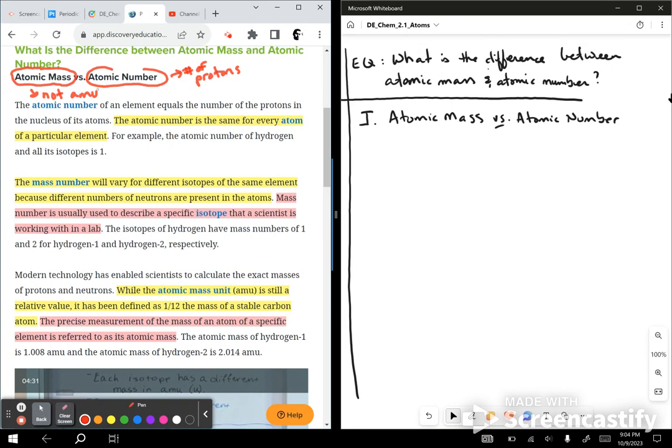Okay. So the atomic number of an element equals the number of protons in the nucleus of its atoms. Check. We got that. We know that. Yep. The atomic number is the same for every atom of a particular element. Okay. So that's maybe worth noting.